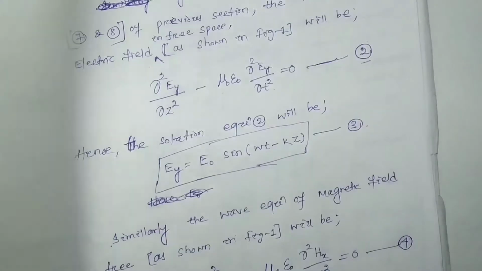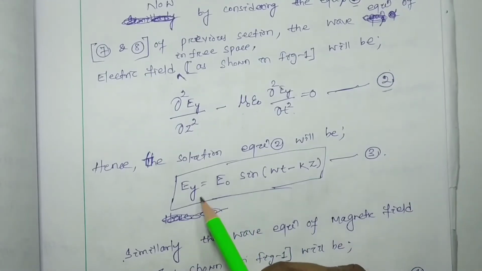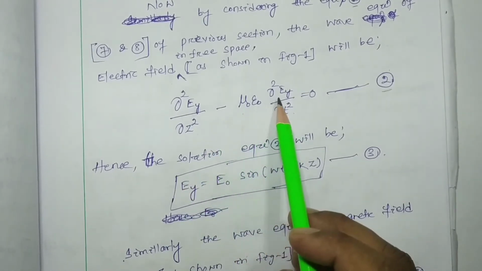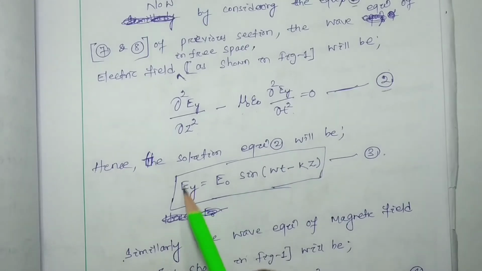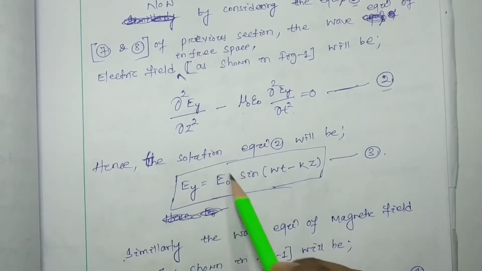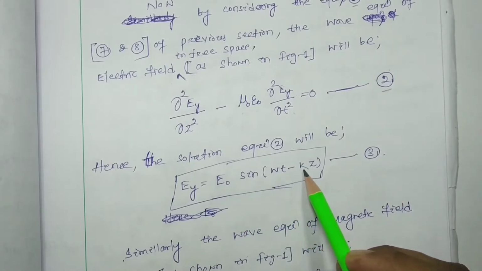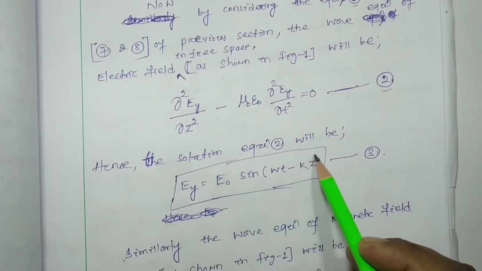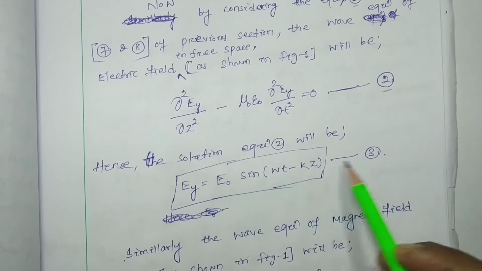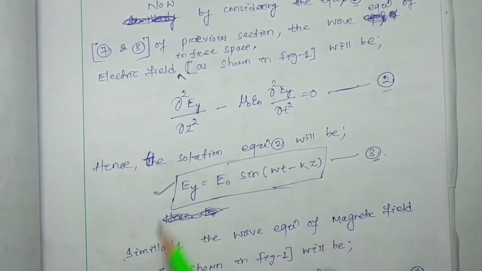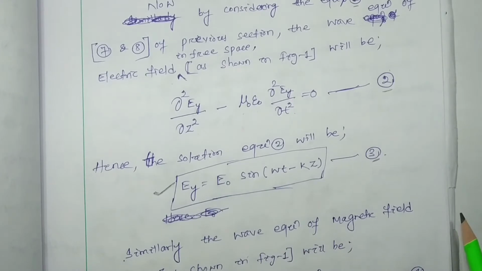So in the same format we have to write the solution: Ey equal to E0, the amplitude, sine omega t minus k into the direction of propagation, that is your z. Let it be your equation number 3.